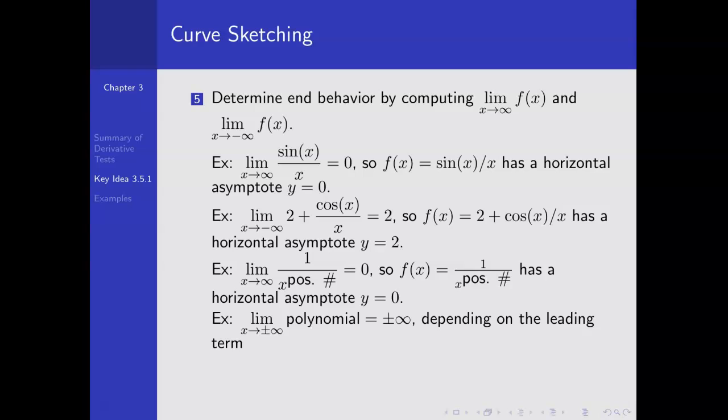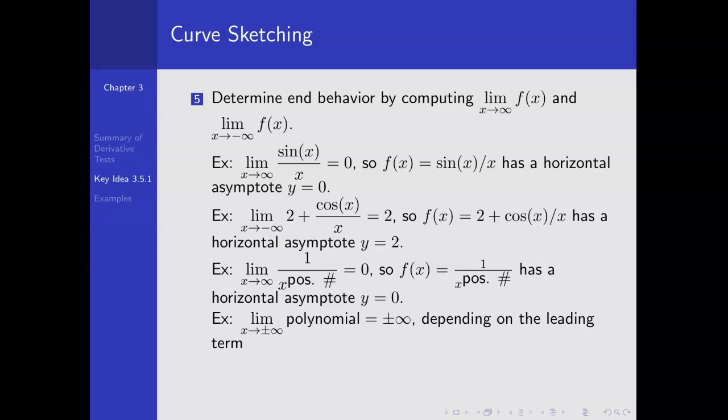So for example, if we had the limit as x goes to infinity of x squared, that is our biggest power of x. What's going to happen with that? Well, x squared will get really big, so that will go to infinity. Well, what if we were looking at x going to negative infinity of x squared? Well, a negative number squared will be positive and big, so we would get positive infinity as well.